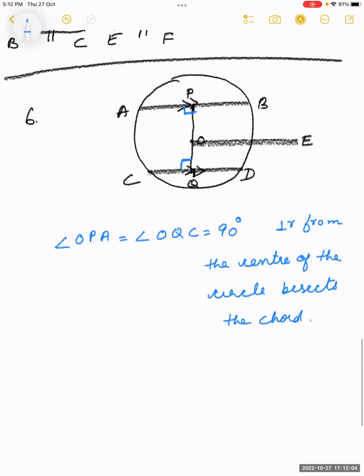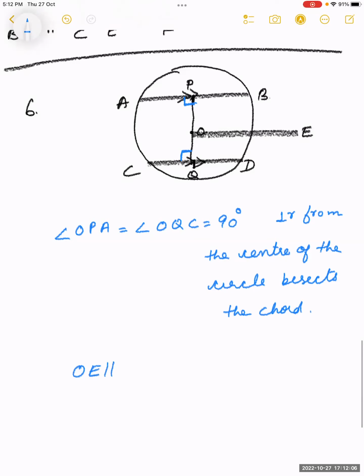Next, OE is parallel to AB. What will be angle POE?